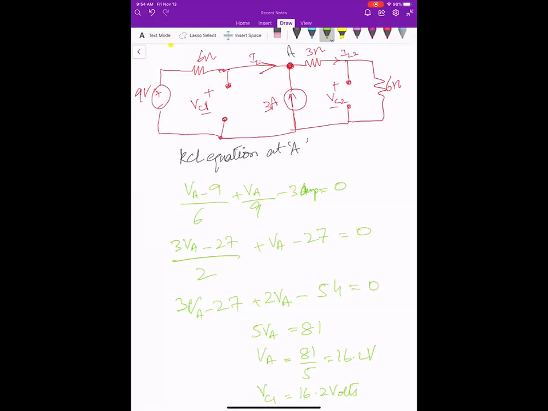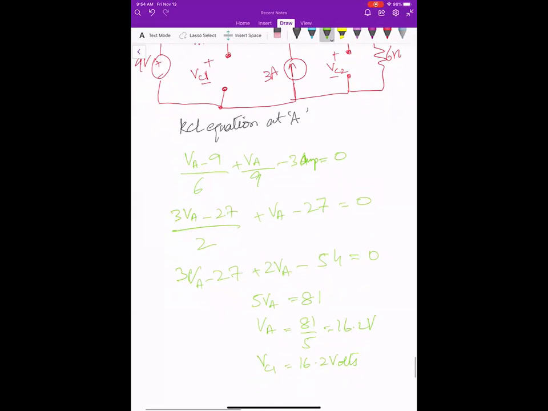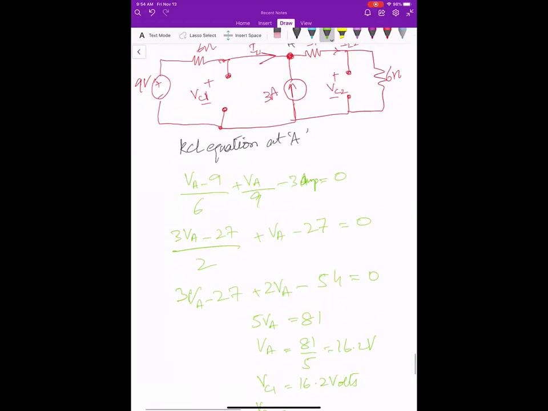What do you think, Sarah? What should be the value of VC2 here? I'm not sure. Okay. Thomas? I'm not sure either.